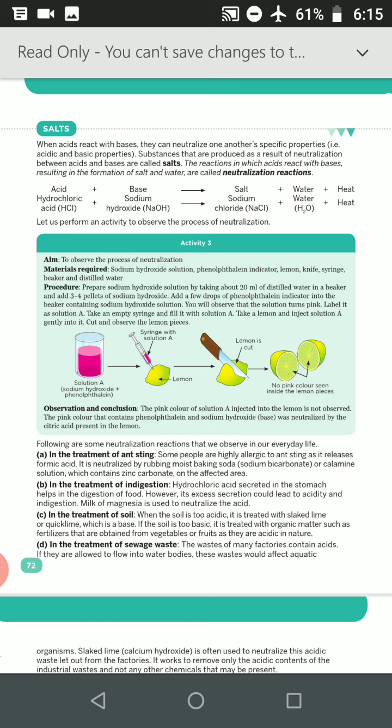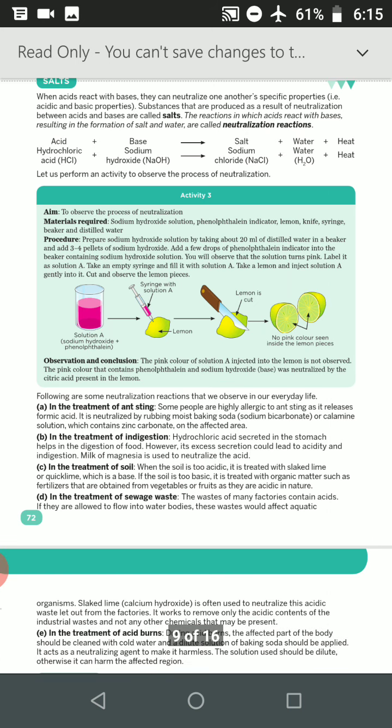Now, some neutralization reactions that we observe in everyday life. In the treatment of ant stings: some highly allergic ant stings release formic acid. You know, when a honeybee bites us, acid from the sting is released into our body, and we feel pain and irritation.